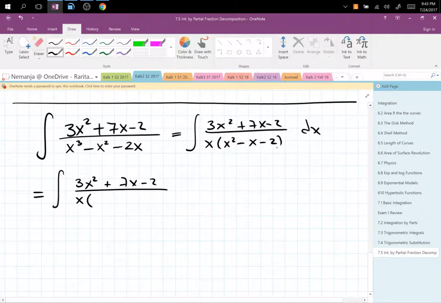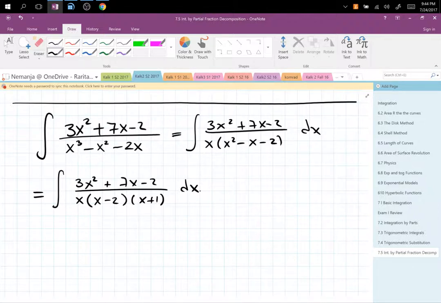So what did you say it was? Beautiful. How many terms do I have? 3. So how many setups do I have? 3. And they're all linear, right?